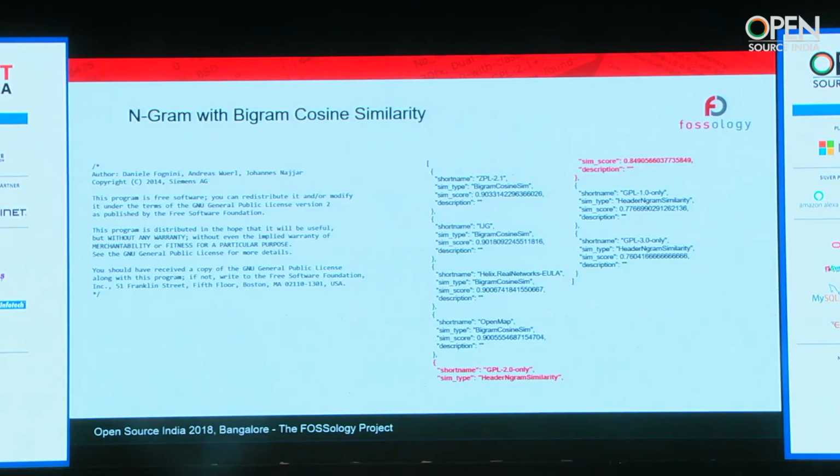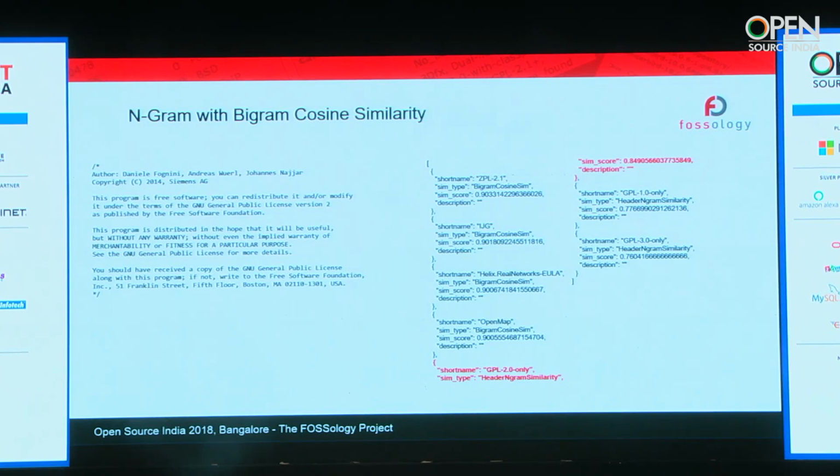So this was the actual license text, and this is the output which was generated for the n-gram algorithm using bigram cosine similarity. You get the short name of the license, which are standard by SPDX, then the similarity type. If you are choosing bigram cosine similarity, you will get it there.